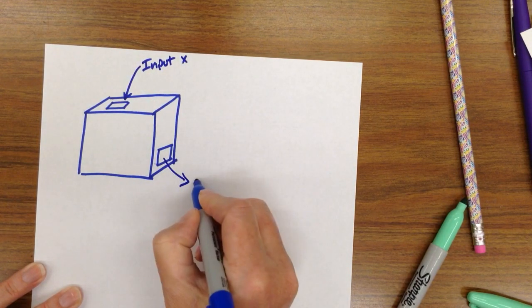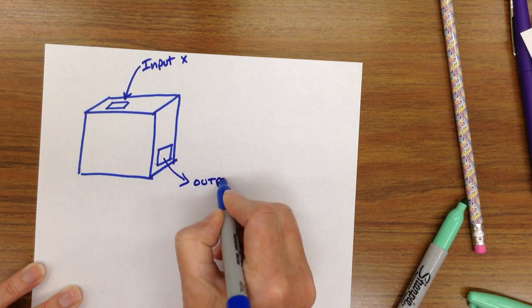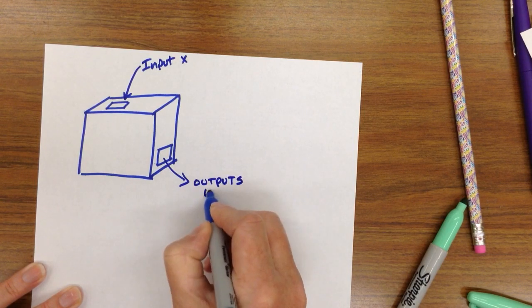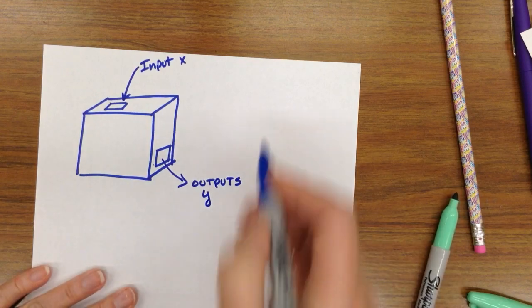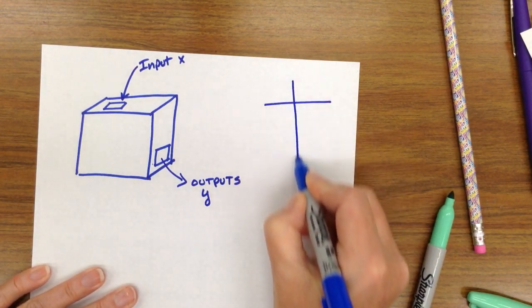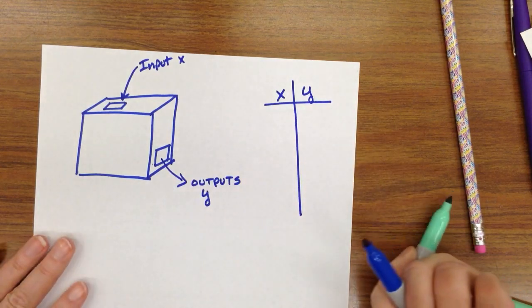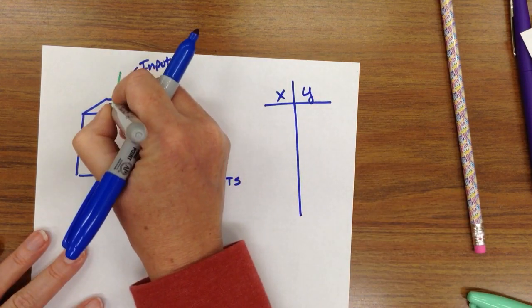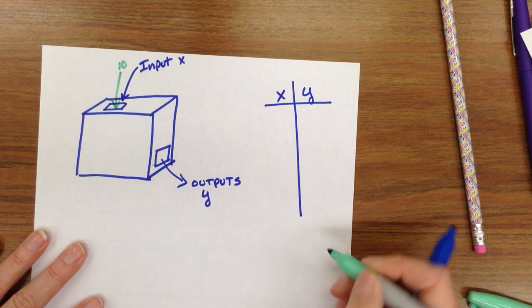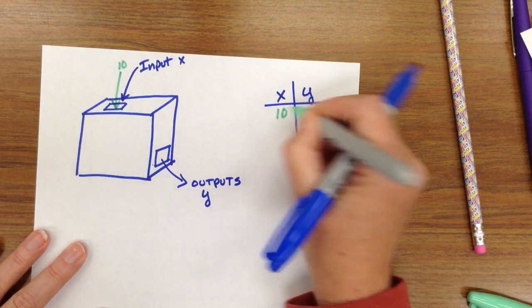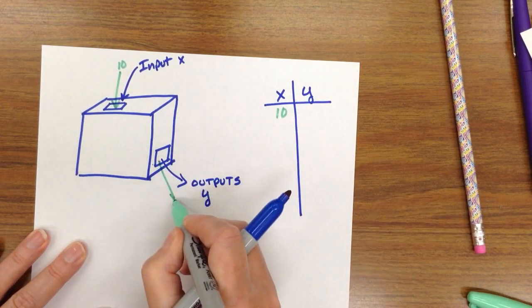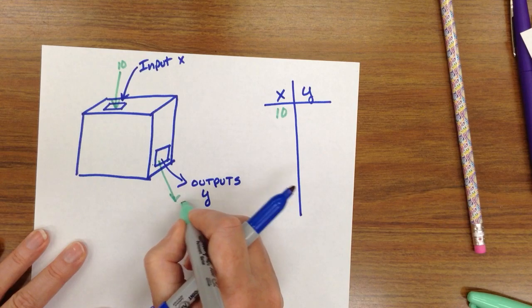And I'm still going to have outputs. And these are typically called the y. Not always, but usually. And we're going to keep track of some x's and y's. So I get up in the morning and I drop 10 into the machine. Okay. And in the morning, it says that the answer is 3.